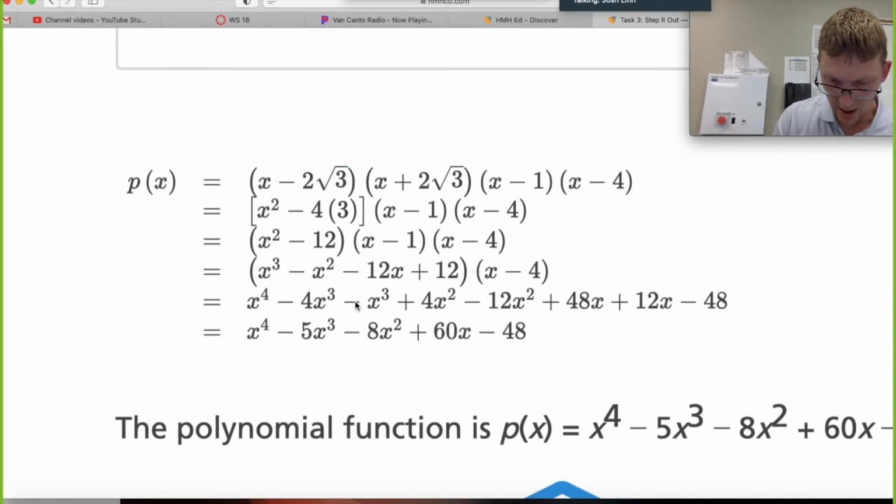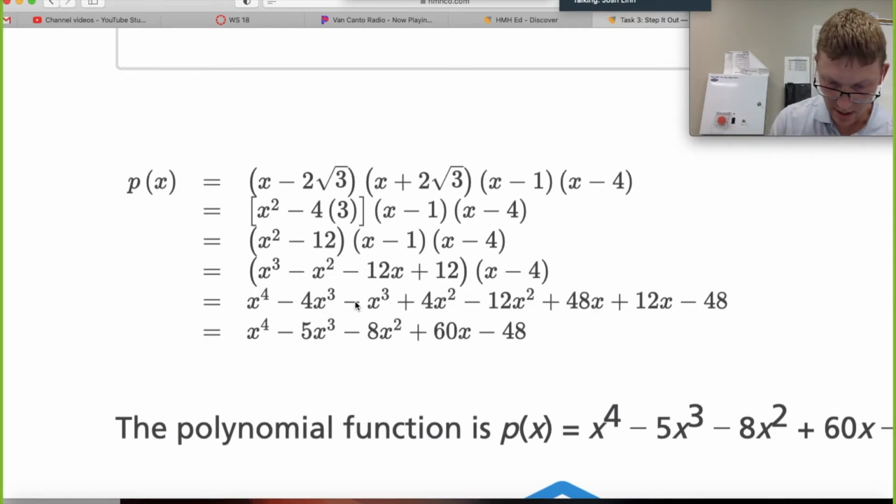And then you're going to have 4 times 3, because 2 times square root of 3 times 2 times square root of 3. You're going to have x squared. So this is the reverse of a difference of squares, just so you're tracking. If you don't recognize that, you can FOIL this out. That's fine. Things will just cancel out. That works.